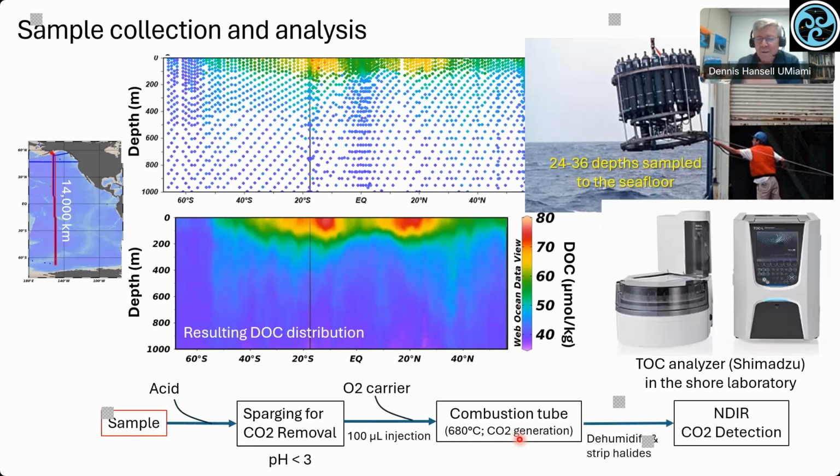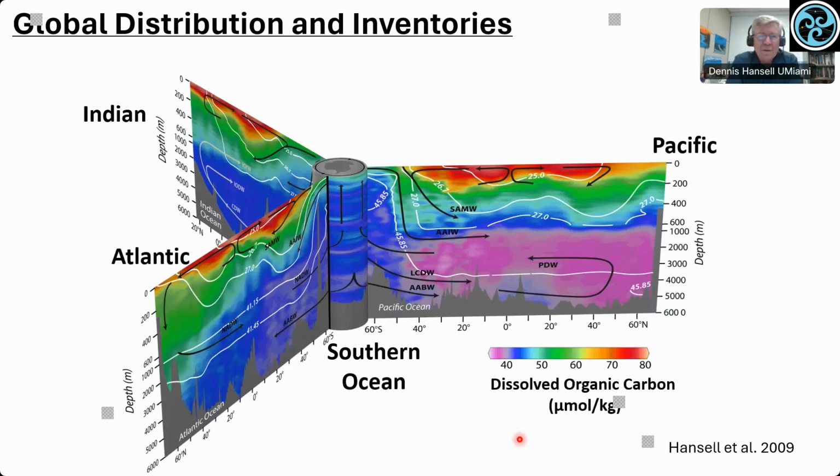So the people doing the work in the labs work on these instruments just about every day. And so they always can tell when there's a little bit of something off, and they can make adjustments. So the quality is highest if you make the measurements very regularly. So if you go out and do a bunch of these surveys or these lines, then you can start mapping out global distributions.